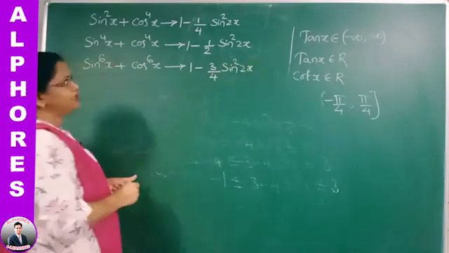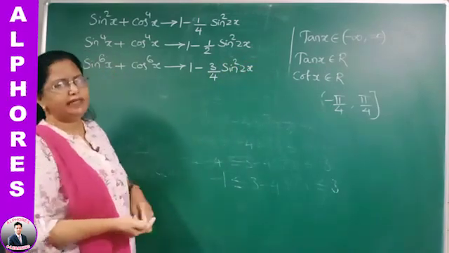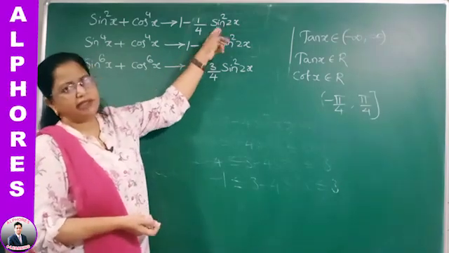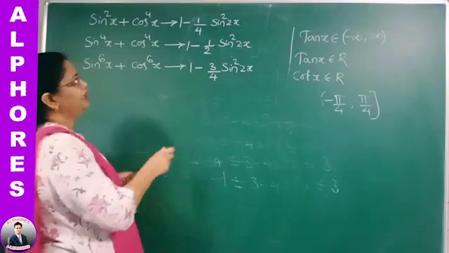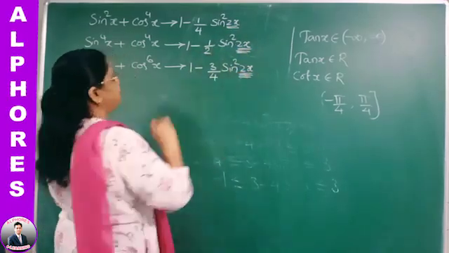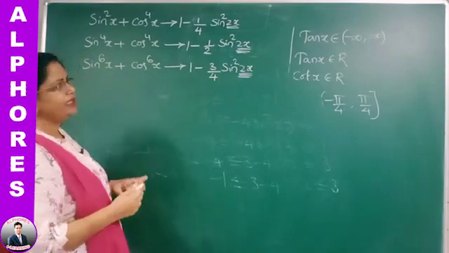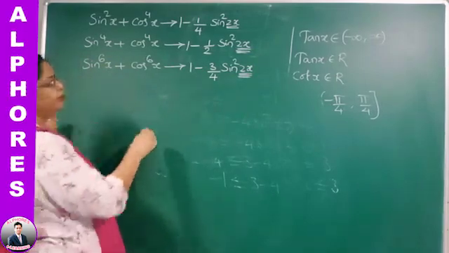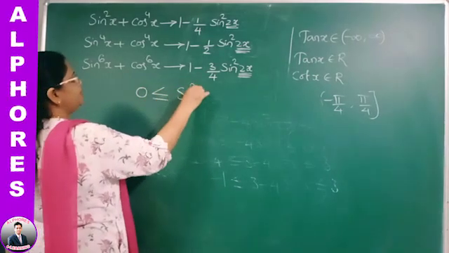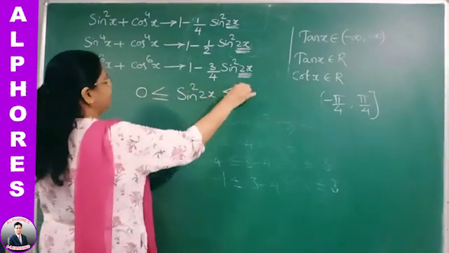Now students, just now we have done a problem based on sin square x. Whether it is sin square x or sin square 2x, or any multiple angle, for all x belonging to R, the range of the sine square function is from 0 to 1. So 0 less than or equal to sine square 2x, which is less than or equal to 1.